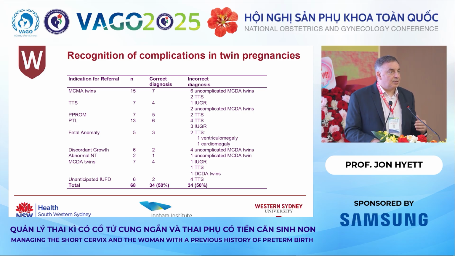So real world in Australia is that the family doctor refers patients to ultrasound for a scan at 12 weeks. And the focus of the scan is aneuploidy. On the scan report, the radiologist writes, this is a twin pregnancy, so it's the first time we've identified twins, and then writes what the chorionicity is.